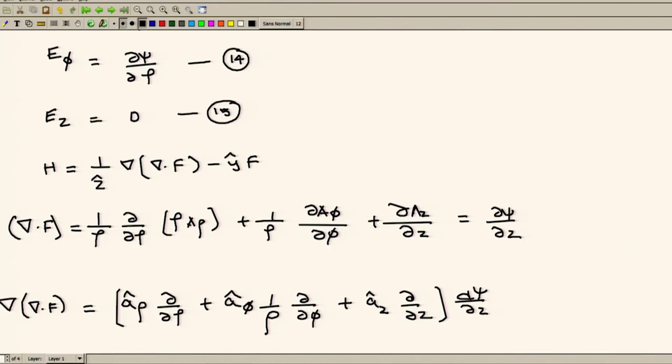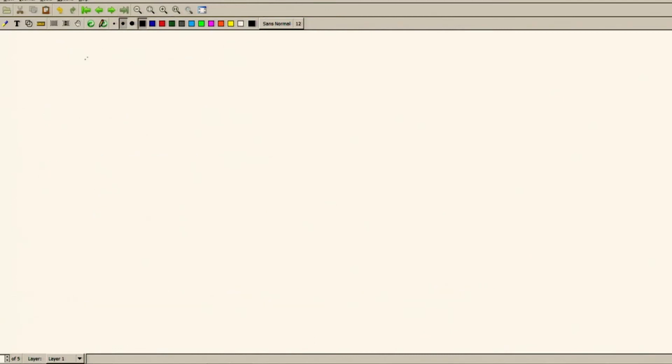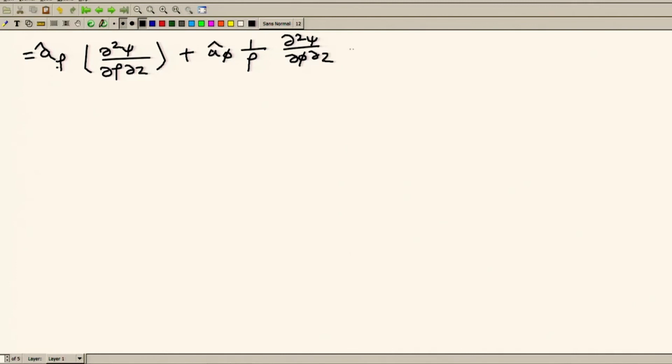This will give us a rho del square xi upon del rho del z plus a phi 1 upon rho del square xi del phi del z plus a z cap del square xi del z square.